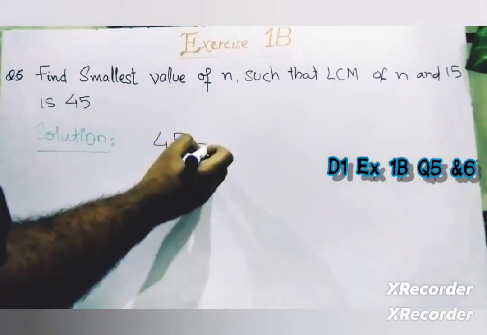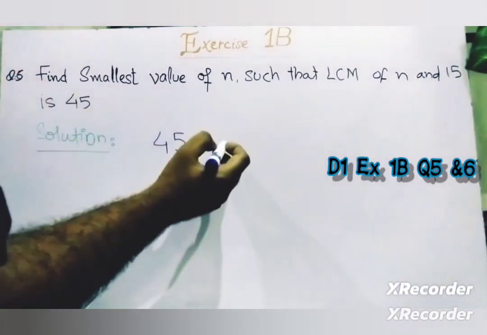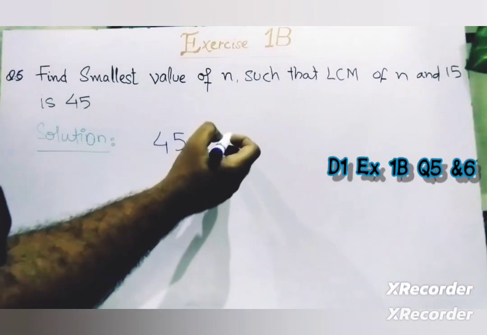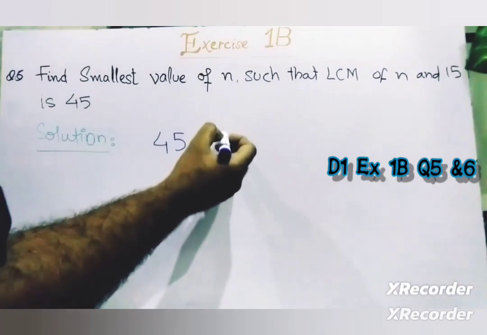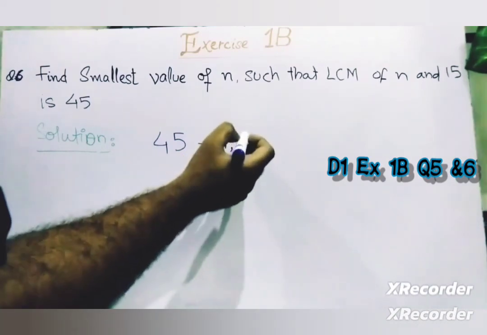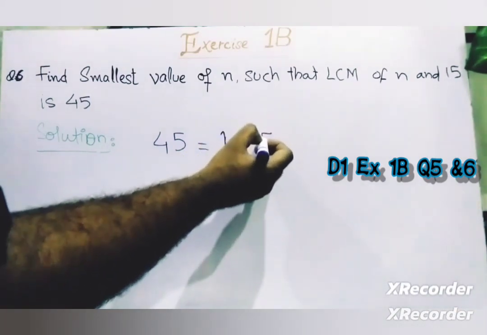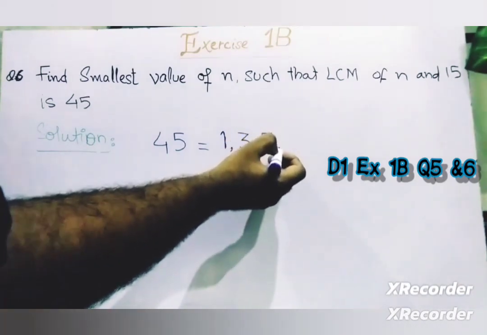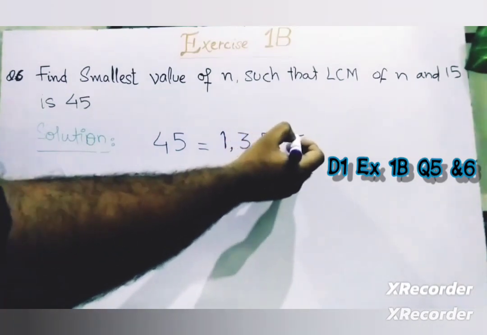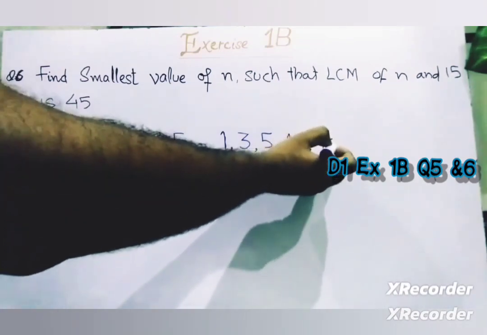Now we list its factors. Let's start with number 1. Number 1 is a factor. Next, number 3 is a factor of 45. Number 5 is a factor of 45. And number 15 is a factor of 45. And last, 45 is a factor of 45.